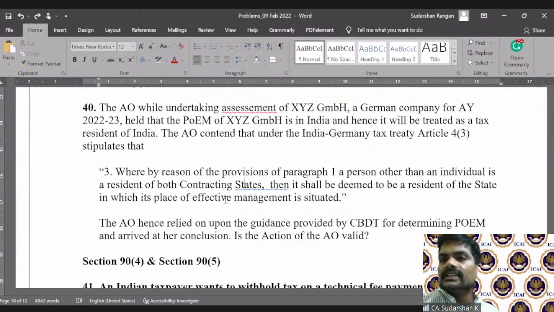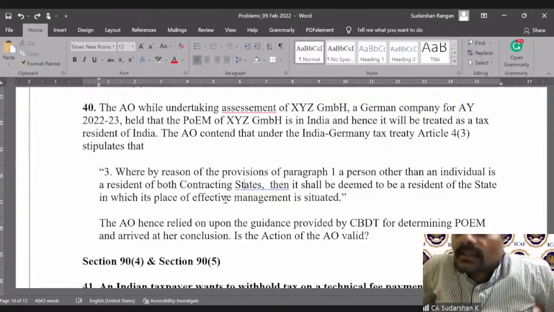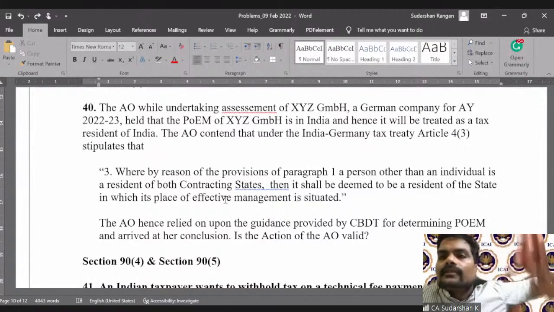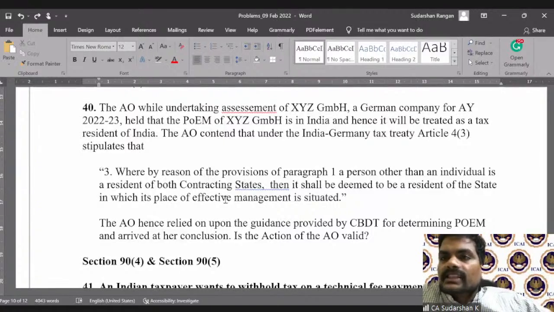So therefore, in such scenarios, tax treaties specify something called a tie break. You can only be a resident in one country, because if you are resident in both the countries, then it becomes chaotic. The purpose of a tax treaty itself is to eliminate double taxation, and it will say which country will tax, whether it's the resident country or the source country. If it is taxed in both countries, then the resident country should give foreign tax credit.